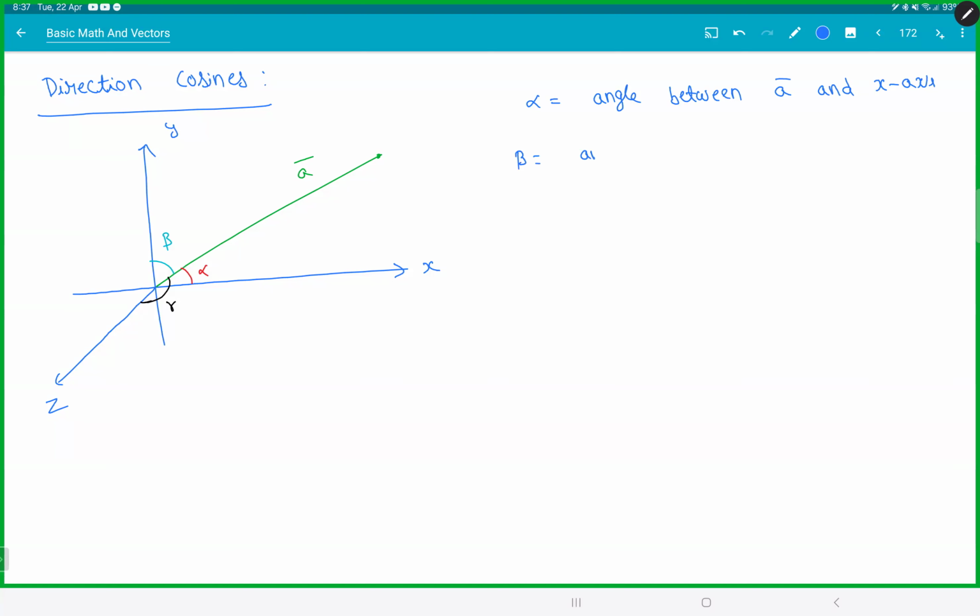Beta is the angle between a bar and the y-axis. And gamma is the angle between a bar and the z-axis.